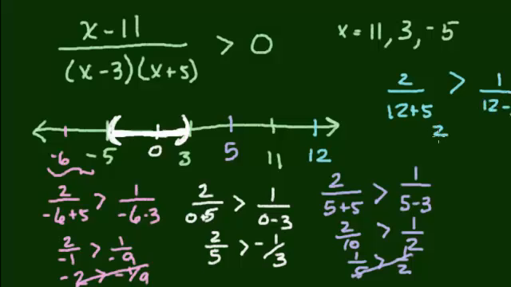So is 2 over 17 greater than 1 over 12 minus 3, which is 9? Now, I'm going to have to get these two in a common denominator to figure out which one is bigger, because I'm not quite sure which one is bigger, if it's 1/9 or 2/17.